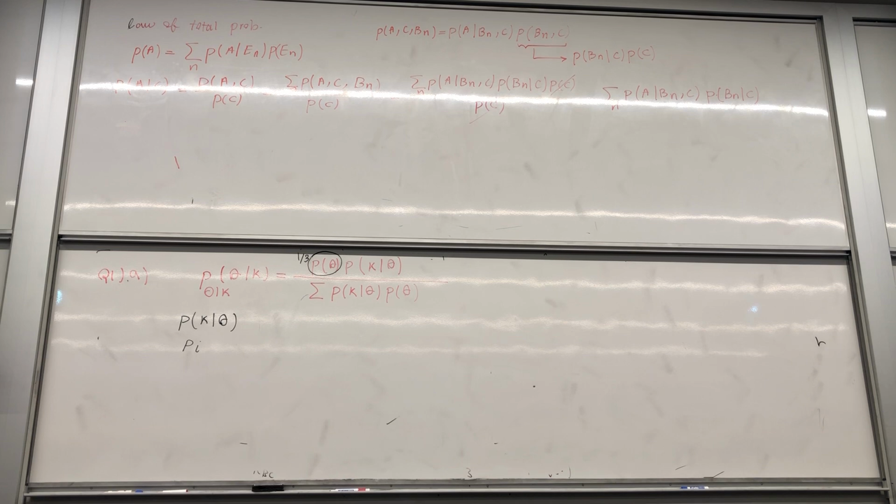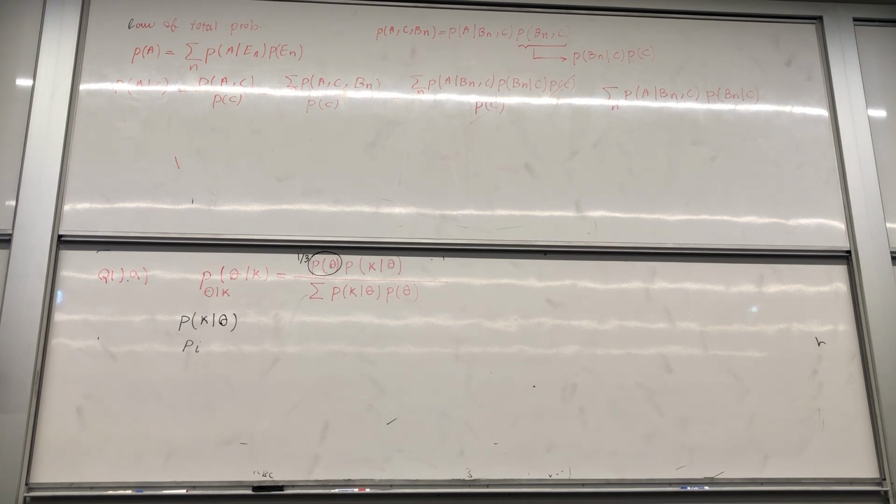Find this PI. What is this PI? It's the probability that student number I correctly answered one question. So I know that with probability of theta I, he knows the answer and correctly finds the answer, but with probability of 1 minus theta I, he doesn't know the answer, and then he will guess the answer with probability of 1/3. So PI is the probability that student number I correctly finds the answer.